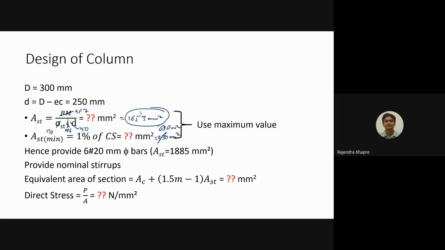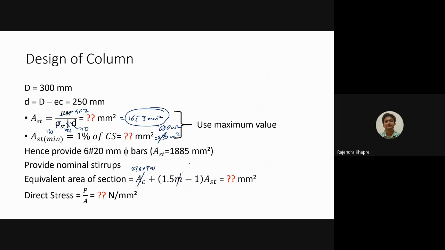Okay, so first of all let us check the actual compressive stress in the column. So actual compressive stress in the column is area of the concrete. First of all calculate the equivalent area. So area of the concrete is 230 by 300. So how much is this m value?